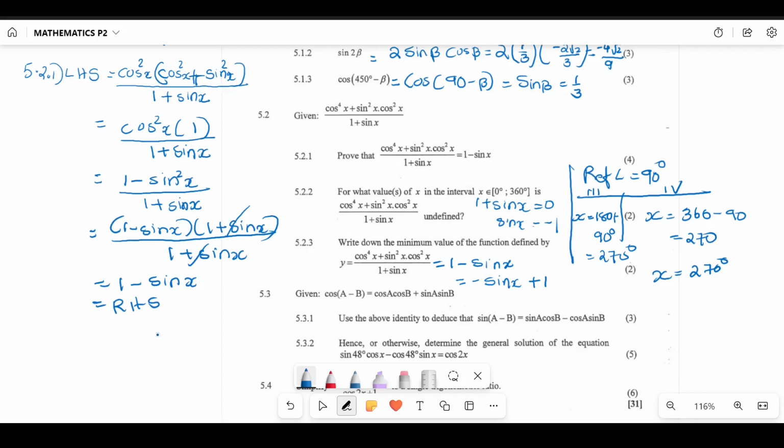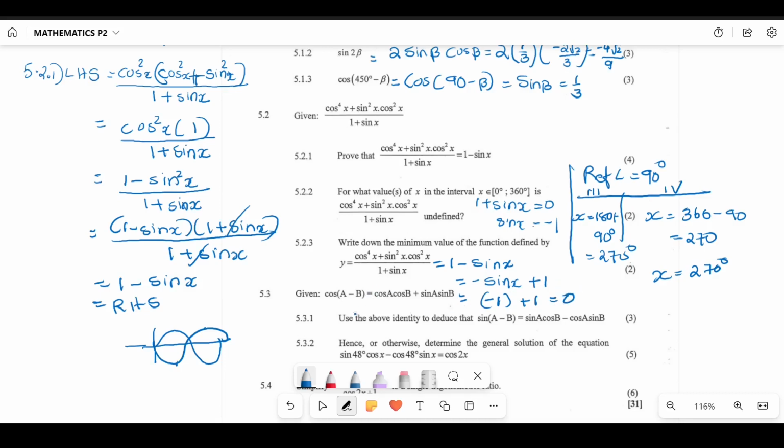For the sine function the minimum is negative 1 and the maximum is 1. Here it's negative sin x, but still the minimum is negative 1, the maximum is 1. So the minimum of negative sin x is negative 1, plus 1. So the minimum is 0.